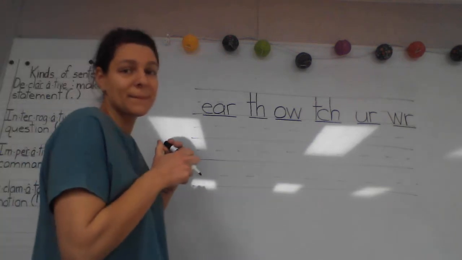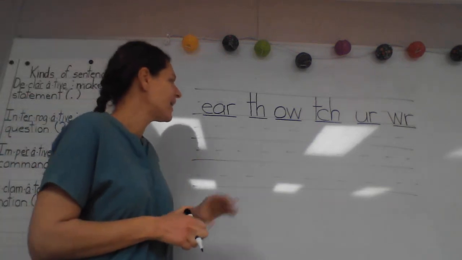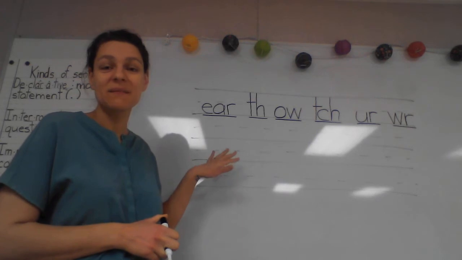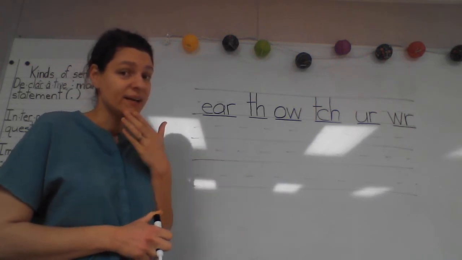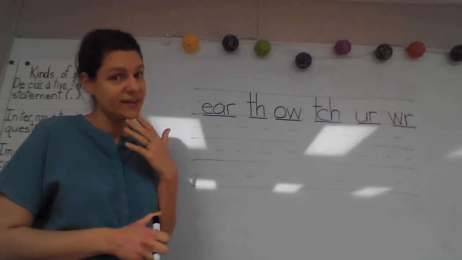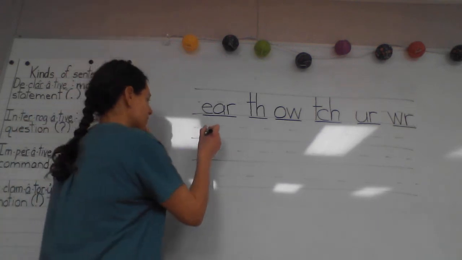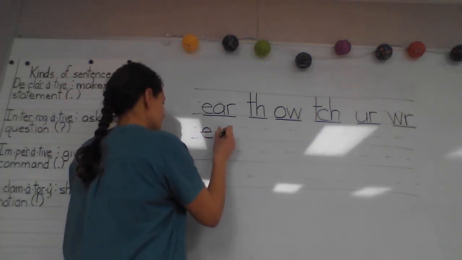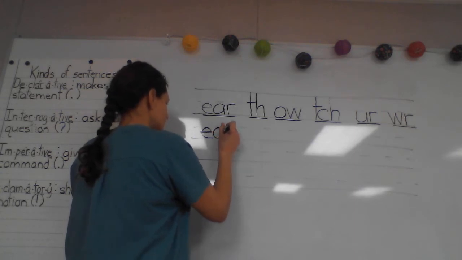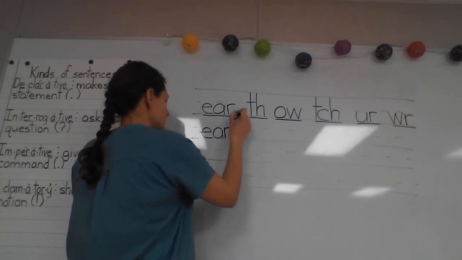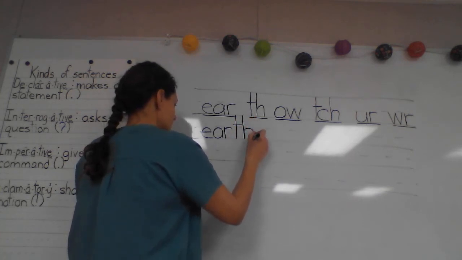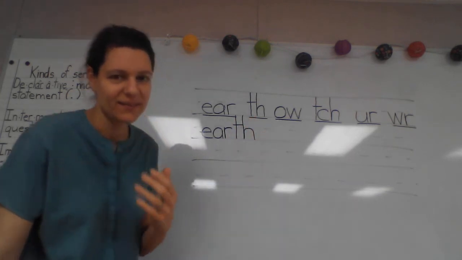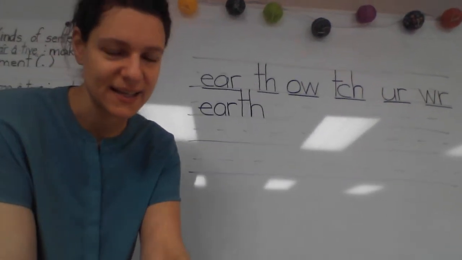All right, pause the video if you're not finished yet. Finger under that first phonogram. What is it? Good. The of early. All right, make sure your word looks like this.